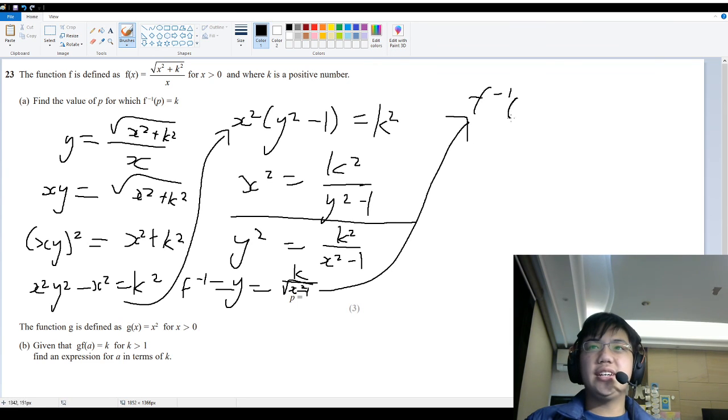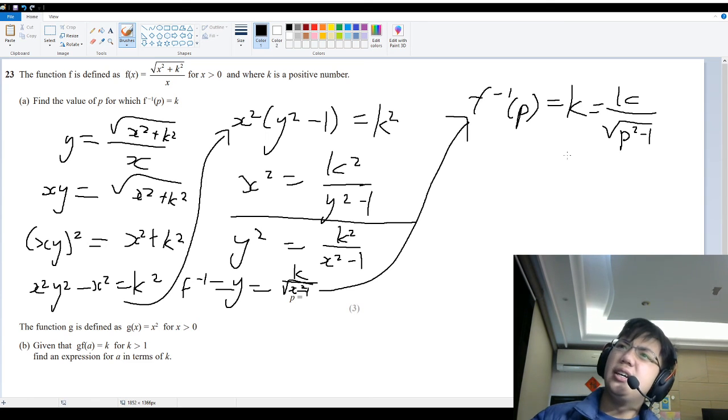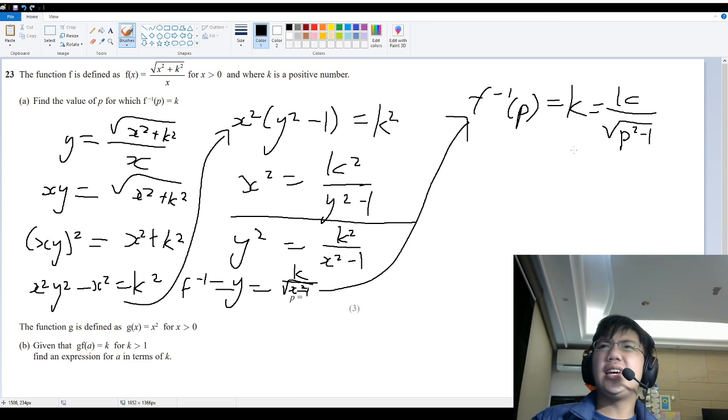So now f inverse of p equals k, and that equals k over the square root of p squared minus 1. The only way that k can be equal to k over the square root of p squared minus 1 is if k equals k over 1.